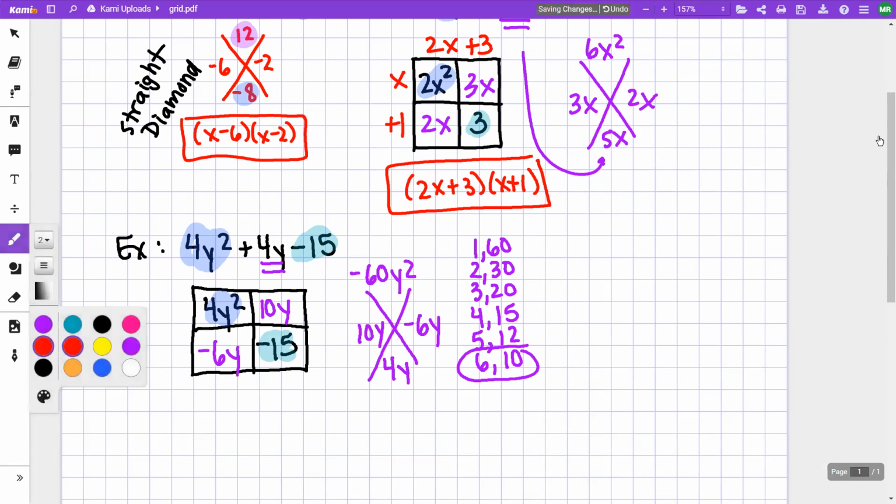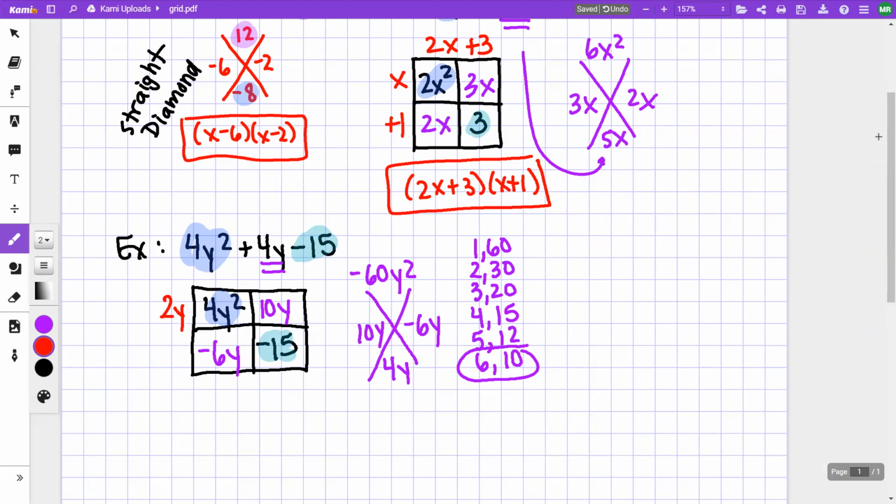Now, when I'm focusing on this 4y squared, I can either have a 4y times y or a 2y times 2y. Those are going to be my two choices. Now, looking at the 10, 4 doesn't go into 10 and 4 doesn't go into 6. So I'm not going to have the 4y and y.